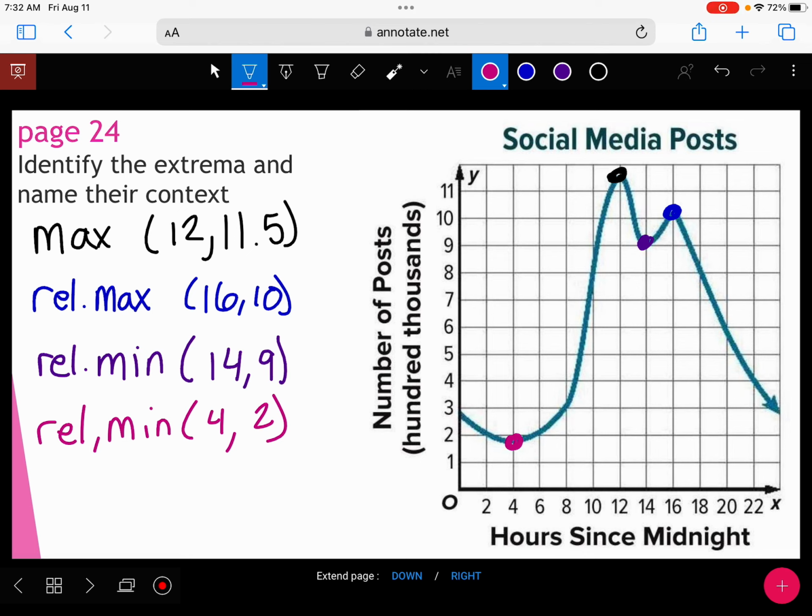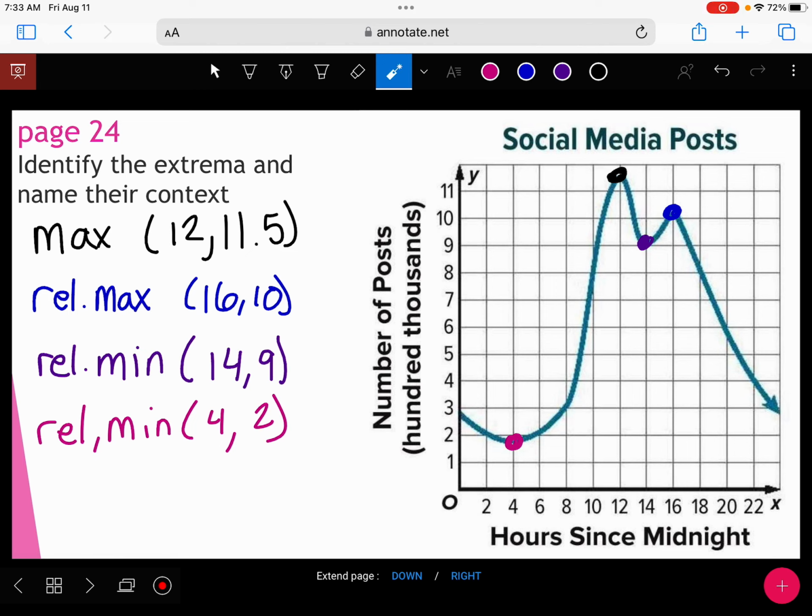We're going to talk through what this means by context because that's one of those things that will show up frequently. So what does it mean for our max to be at 12? What does it mean? It can't go higher than 12.